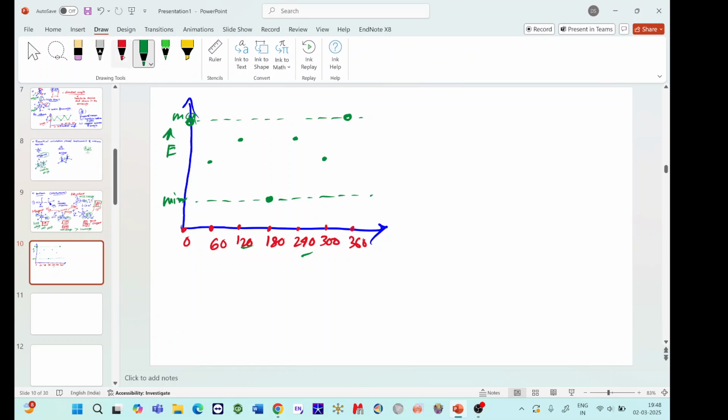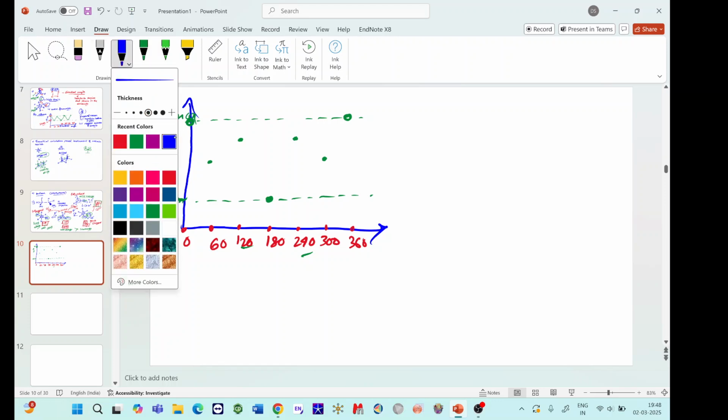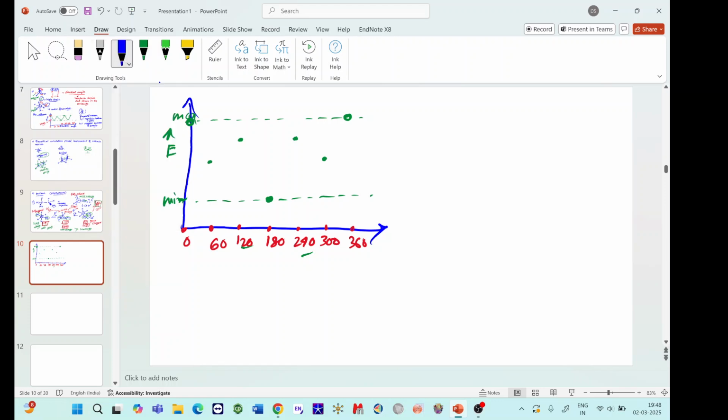The plot will be like, okay, so it will come through this. So the energy curve will be like this.